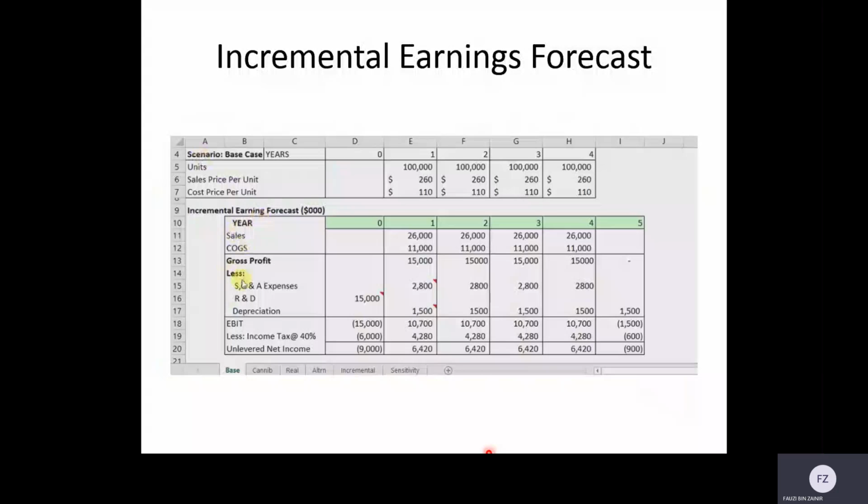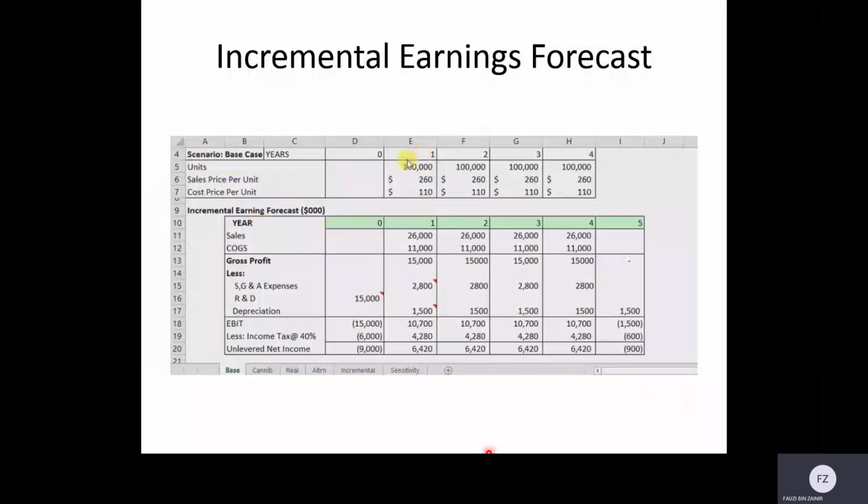In addition to the line items described previously, from sales to unlevered net income, there are new line items that have been developed, which are basically the units, the sale price per unit, and the cost price per unit.